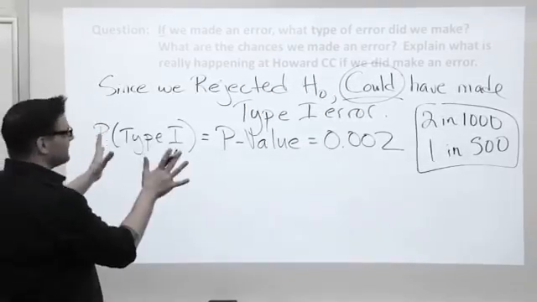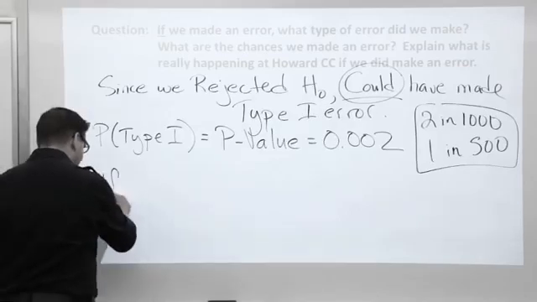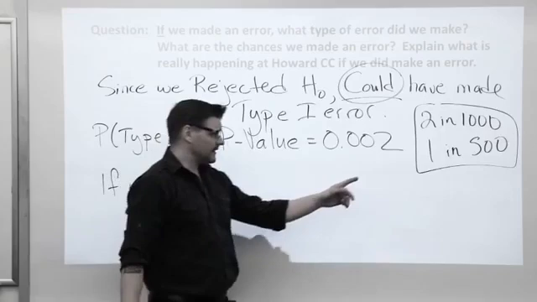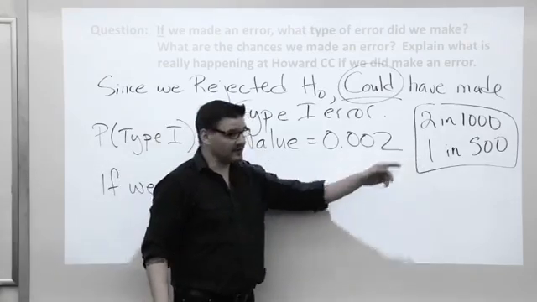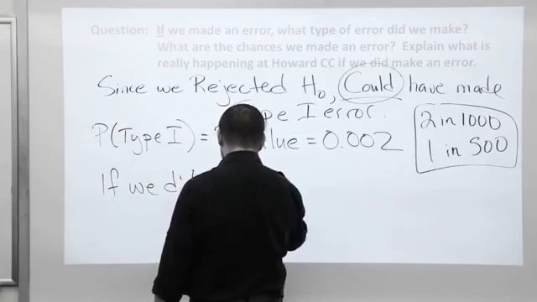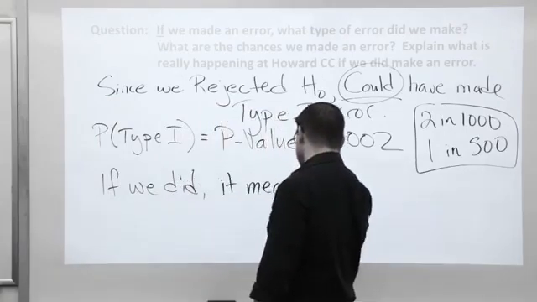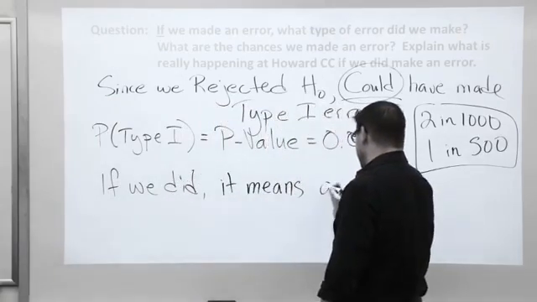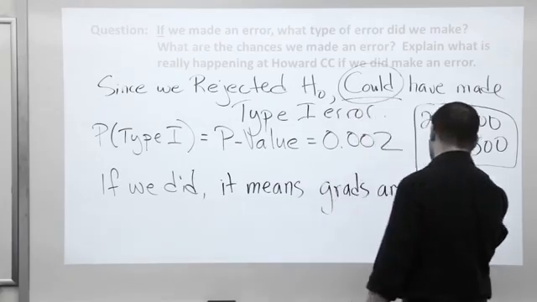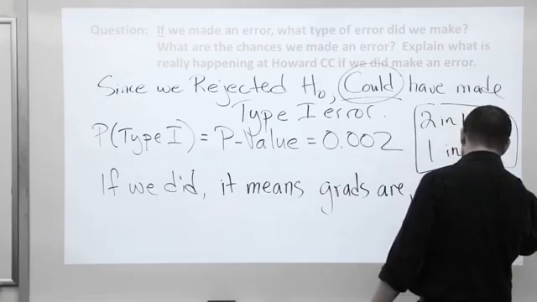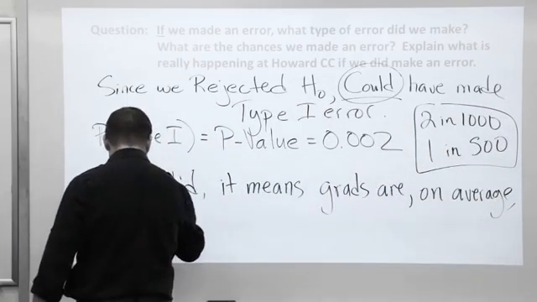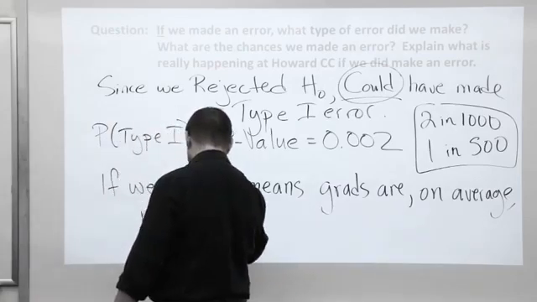What does that mean? If we got really unlucky data, I mean 1 in 500 chance unlucky data, and we did make this mistake, what does it mean? It means grads are, on average, no better on this test than freshmen.